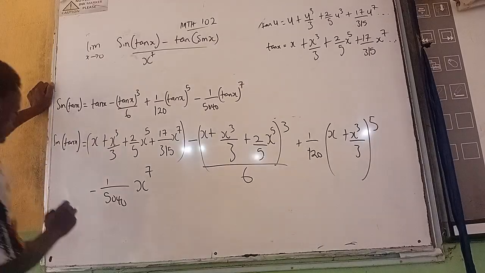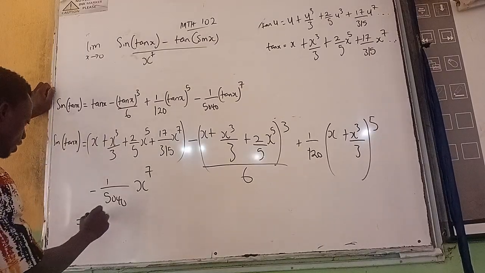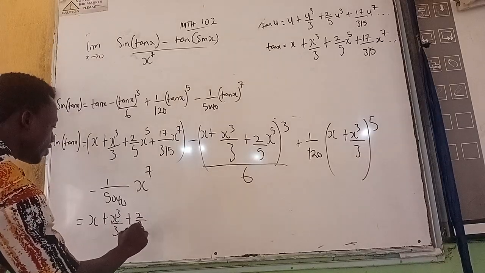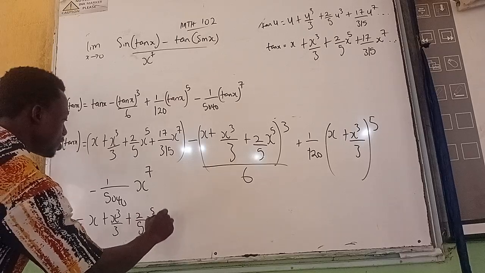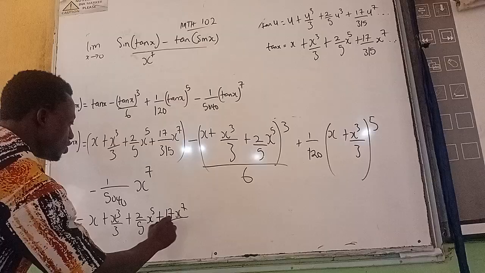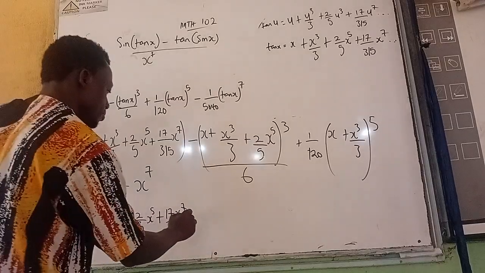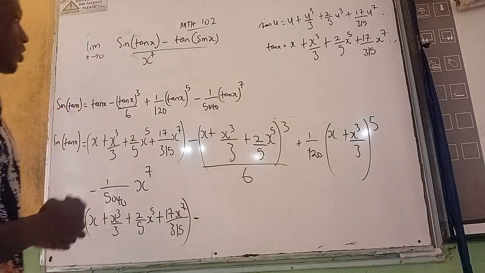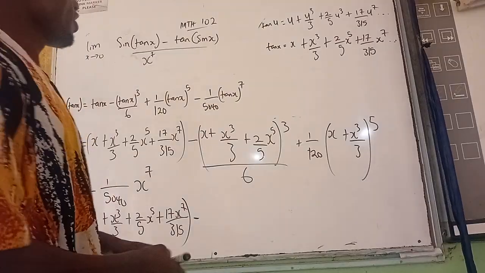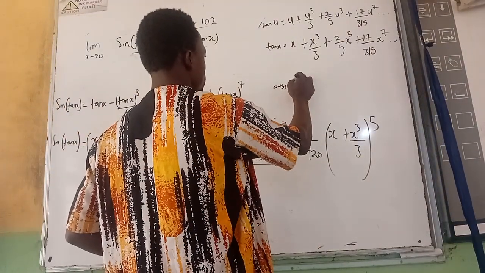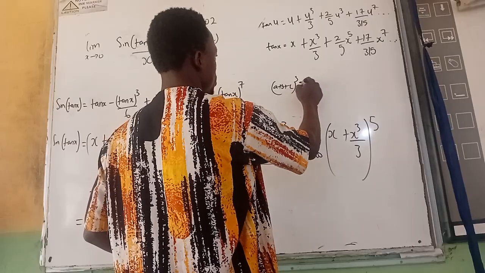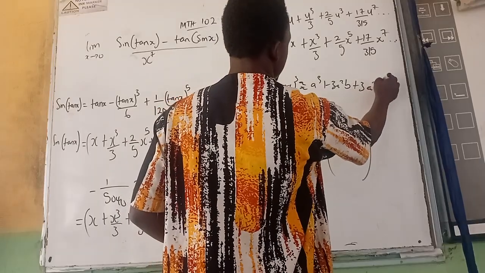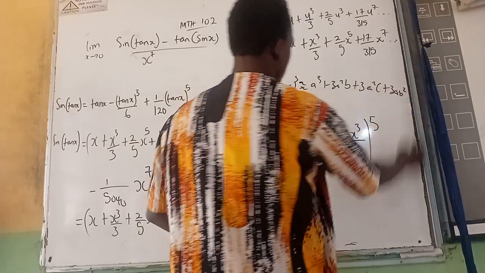Okay, let's just write, so equals x plus x cube over 3 plus 2 over 5 x^5 plus 17x^7 over 315 minus, keep this. If you keep this, now if you have a plus b plus c all cube, it is approximately a cube plus 3a square b plus 3a square c plus 3ab square.